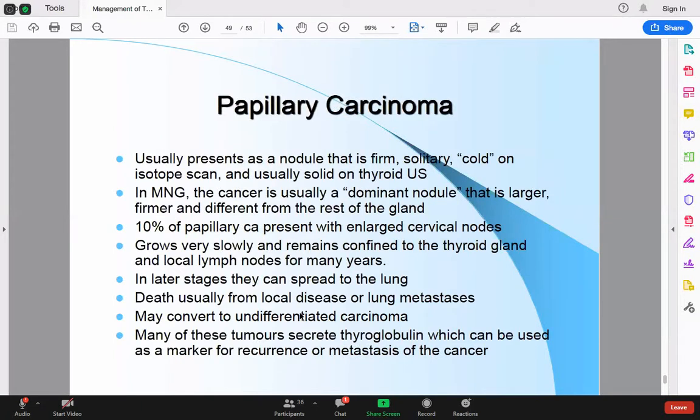So what are the symptoms? Usually it's basically just a nodule on examination, okay?